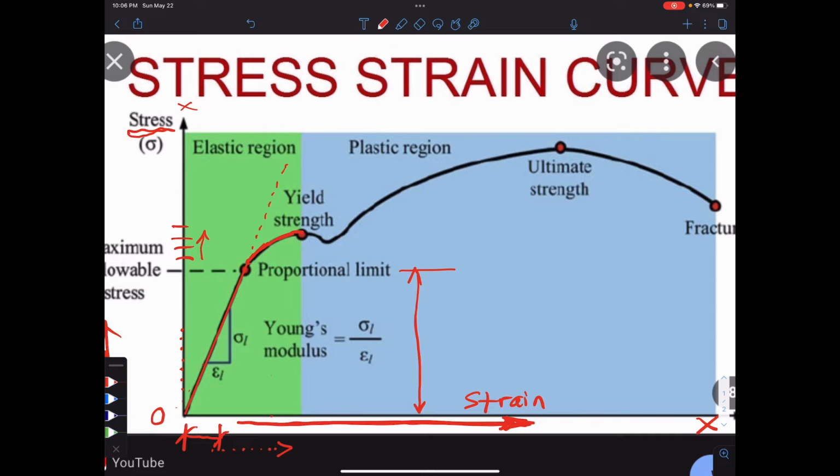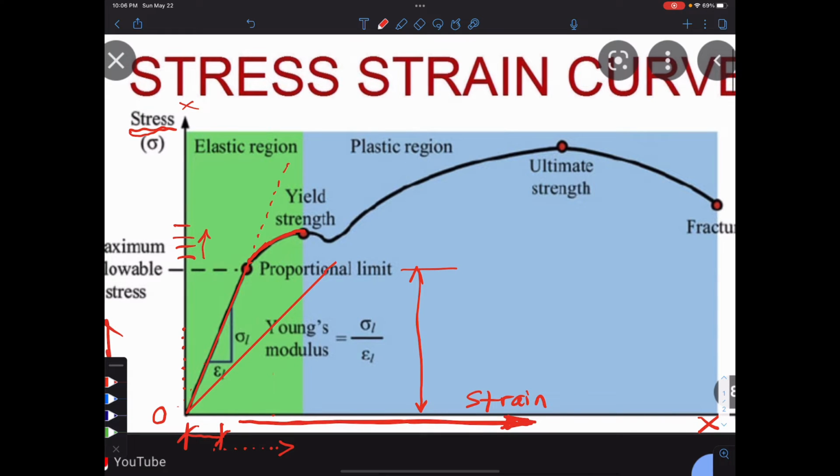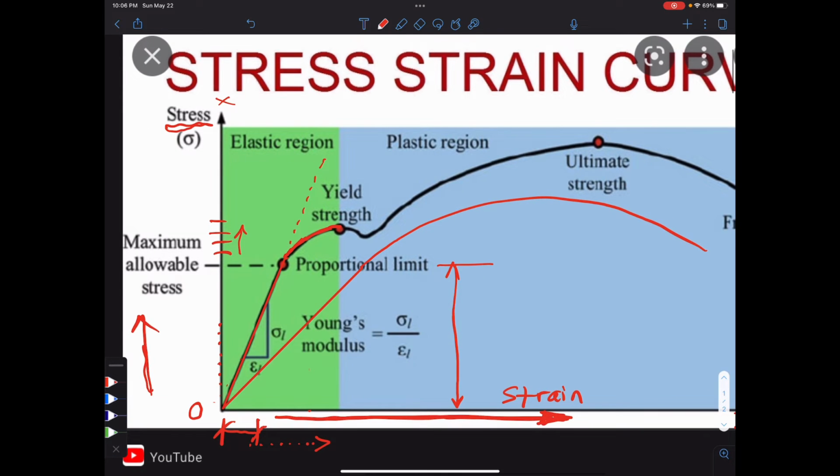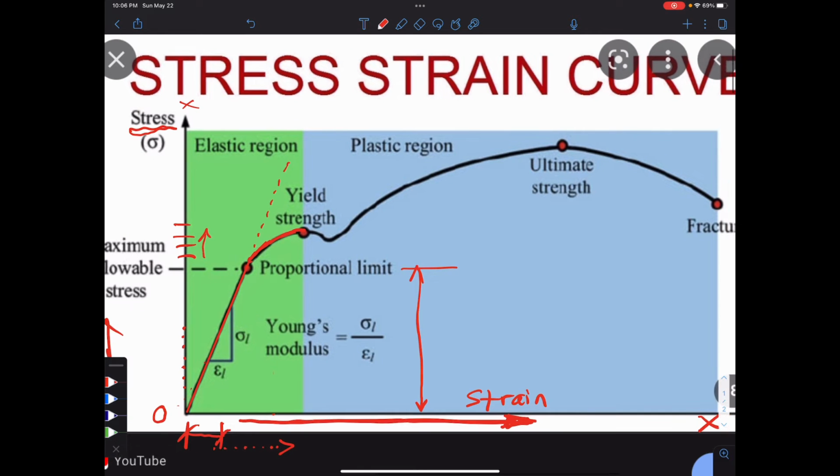For aluminum, this straight part is flatter, but it still has a yield point, and it still goes up afterward, and then eventually, we haven't gotten to that part, it breaks. So I'm going to erase that for now, because we're going to stick to ours for now.